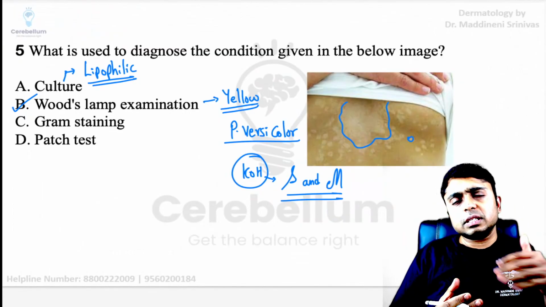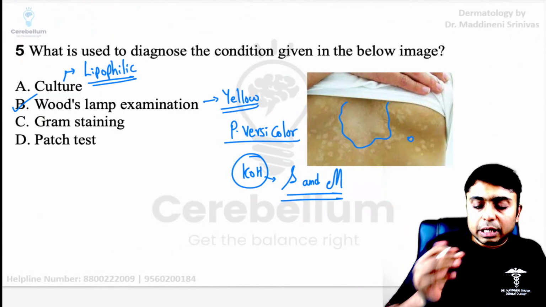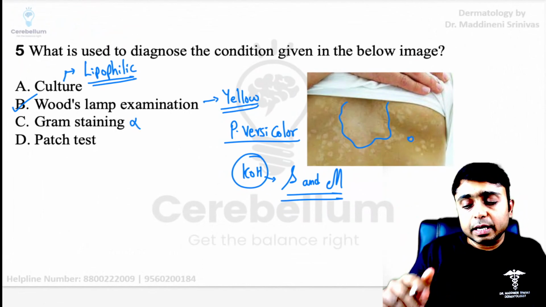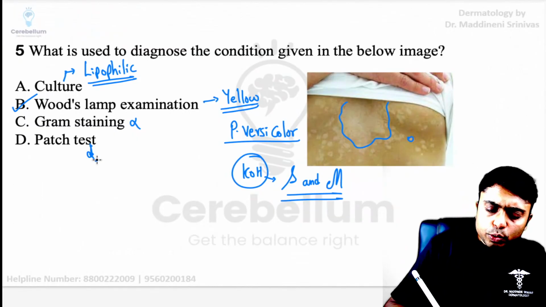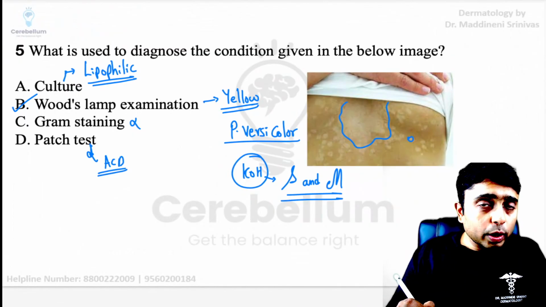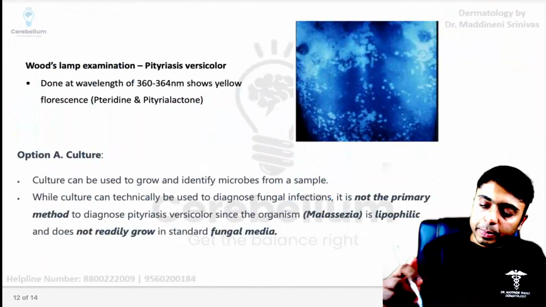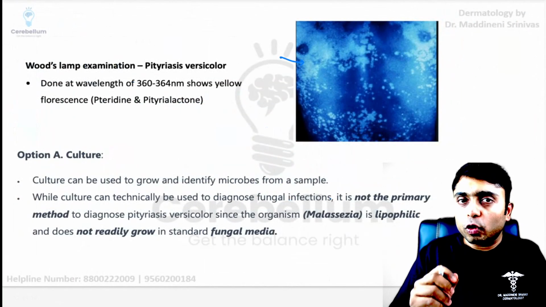So because it's a specialized investigation, culture here is not the answer, and Gram stain is going to detect bacteria, but here the cause is due to a fungus. Patch test is used for allergic contact dermatitis, and it has no role in fungal infection. So the answer is going to be option B, where you are going to see this kind of very mild yellow fluorescence. Okay.